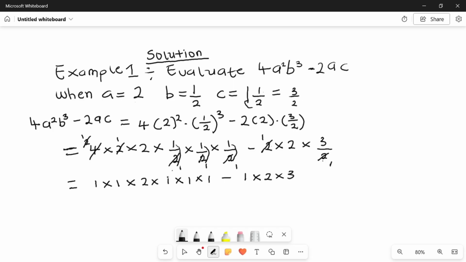So if we do 1 times 1, we get 1. 1 times 2, we get 2. 2 times 1, we still get 2, and 2 times 1 we get 2. So we say it is equal to 2 minus 1 times 1, which will give us 2.